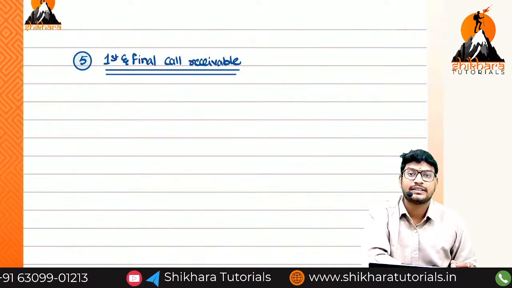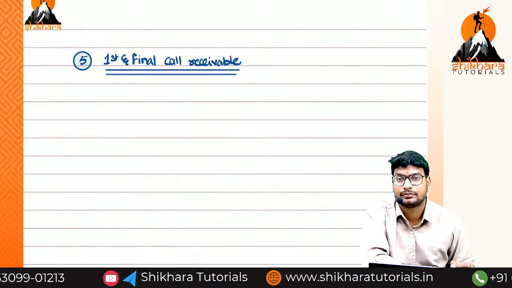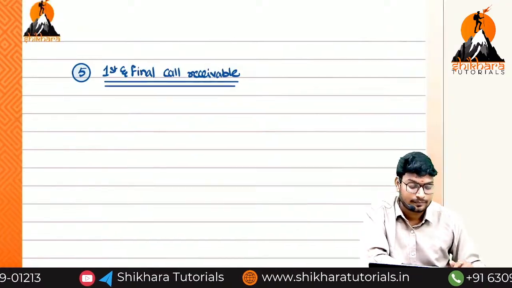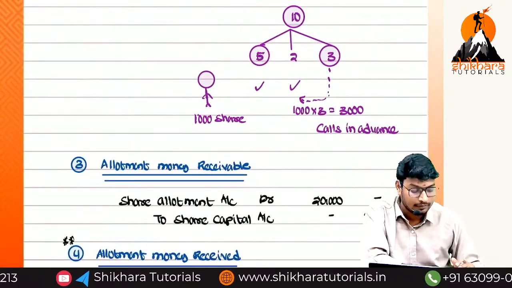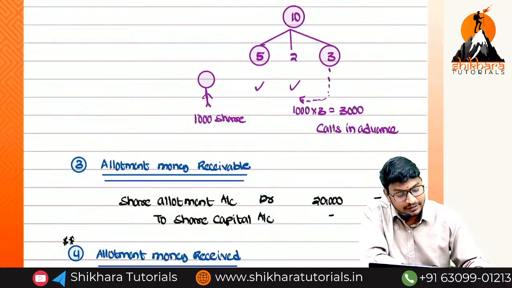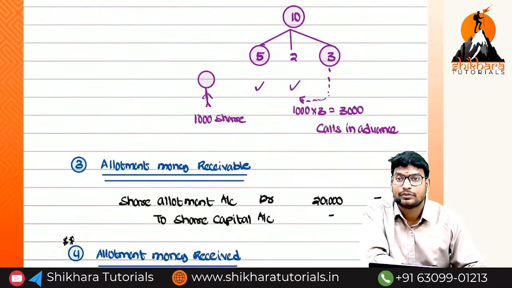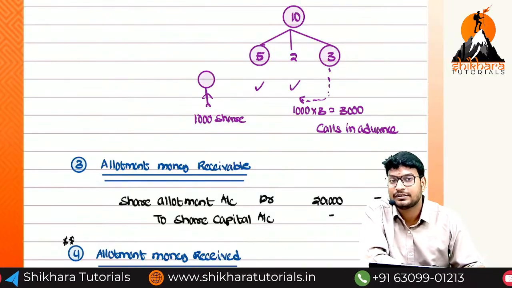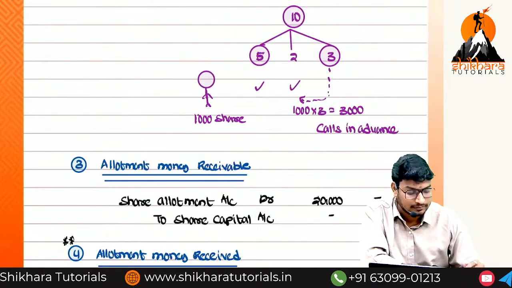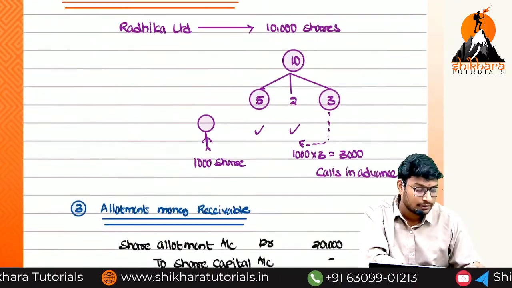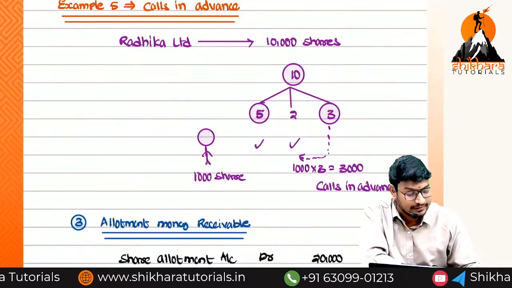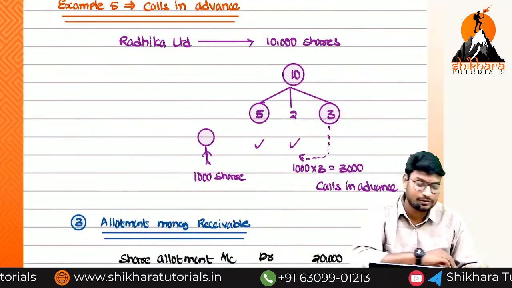Now how much amount do we have to receive? 3 rupees into how many shares? 10,000 shares into 3 rupees. How much, ma? 30,000.